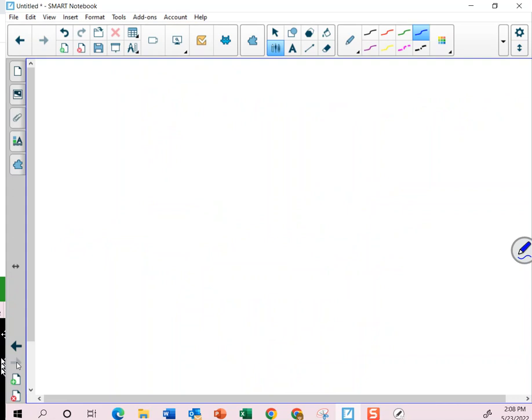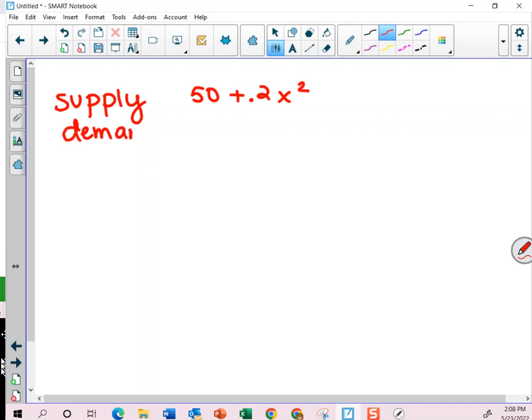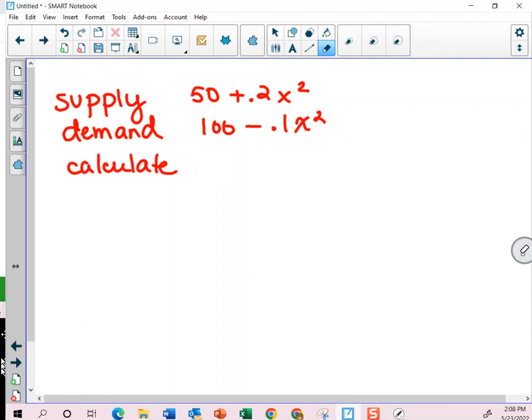All right, so let's try another one. Let's let you try this one. If I tell you that supply is modeled by 50 plus 0.2 x squared and demand is modeled by 100 minus 0.1 x squared, what will be the consumer surplus available in this model?